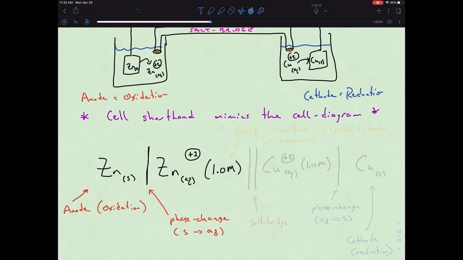We would want to put a concentration, this is very important. Here we're talking about standard state, as far as the 1 molar idea.